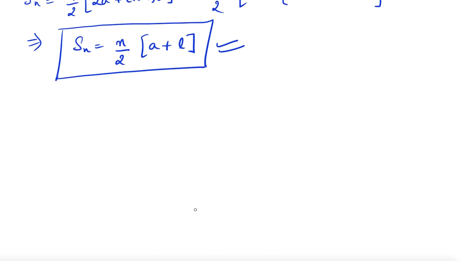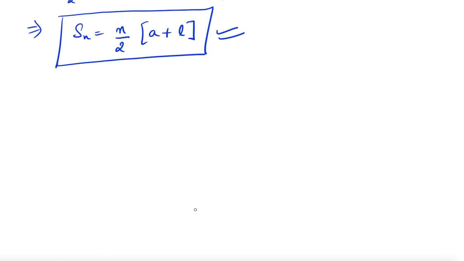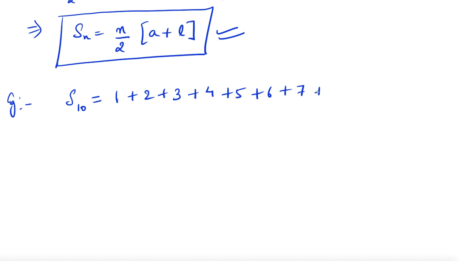Now let us take an example and check whether the obtained formulas are correct or not. Let us take a very simple series, the series of natural numbers. Say for example I need S10, the sum of 10 terms of the series 1 plus 2 plus 3 plus 4 plus 5 plus 6 plus 7 plus 8 plus 9 plus 10.